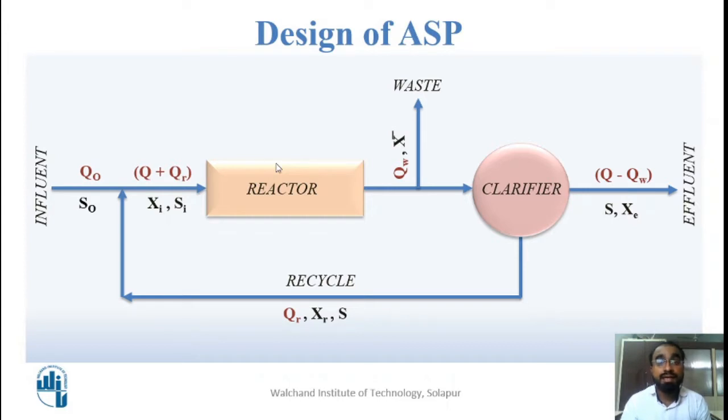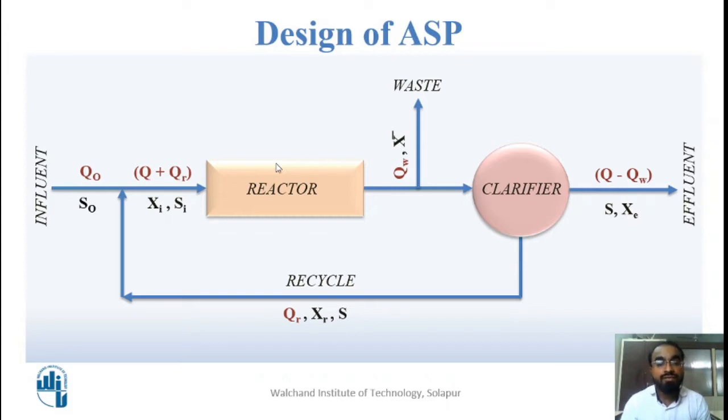So for example, if the BOD is calculated for the influent, it is not supposed to happen that all the BOD will get degraded. A few parts of the BOD will not be degraded. Only a major amount of BOD will be degraded. That major amount of BOD we call S or S naught.